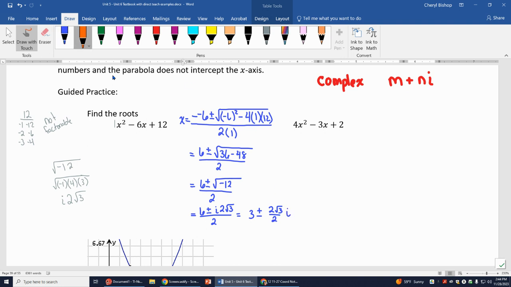But this is simplifiable, right? That cancels out. So my final answer is going to be 3 plus or minus the square root of 3 times i. Okay, and so one solution is 3 plus the square root of 3i, and the other one is 3 minus the square root of 3i.